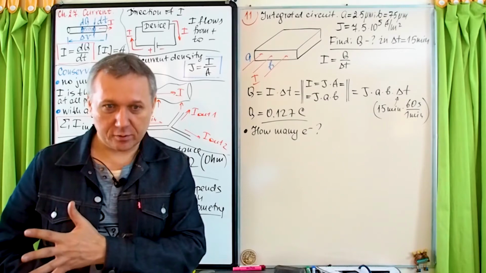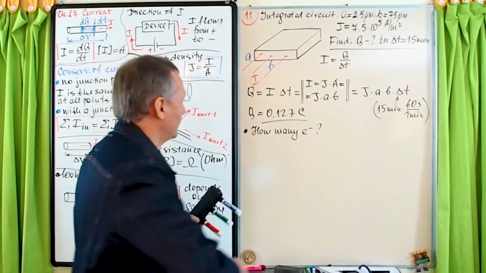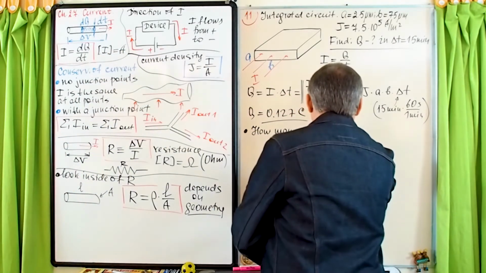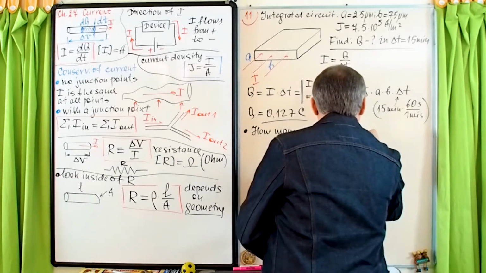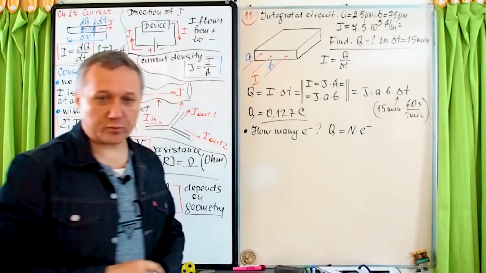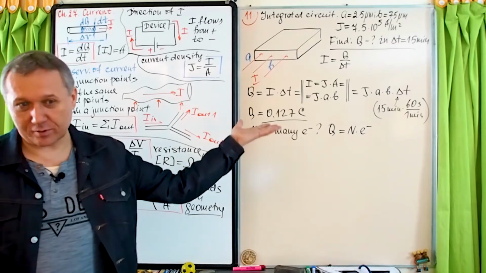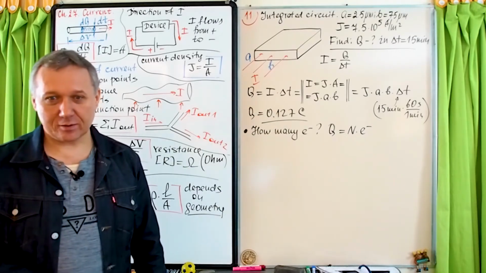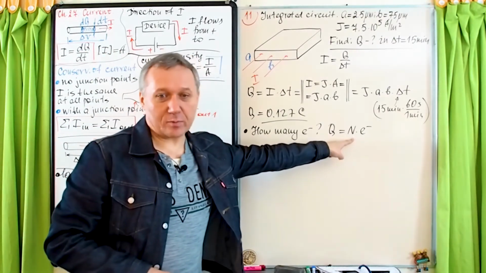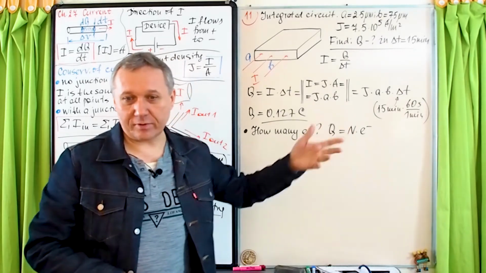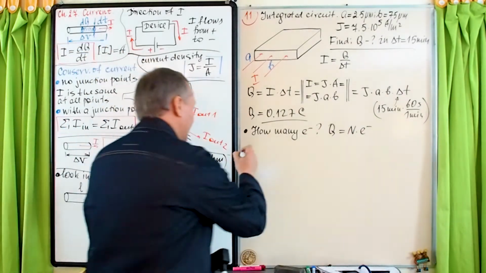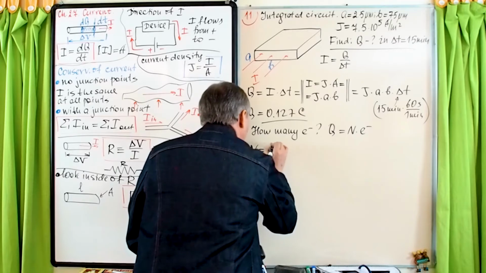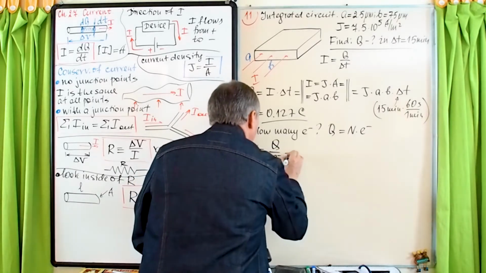So Q is the number of electrons times the charge of one electron. That's what Q is. Now if we want to know the number of electrons, it's just the total charge divided by the charge of one electron. So N will be equal to Q divided by the charge of one electron.